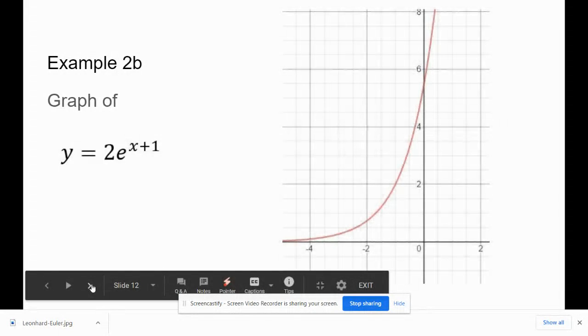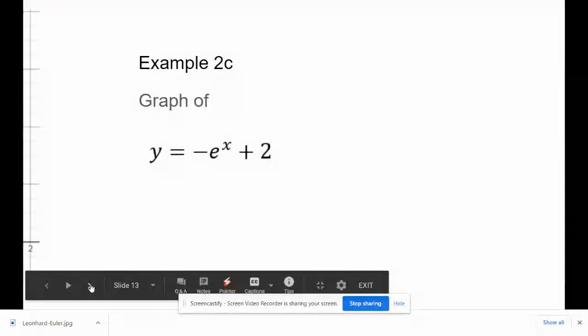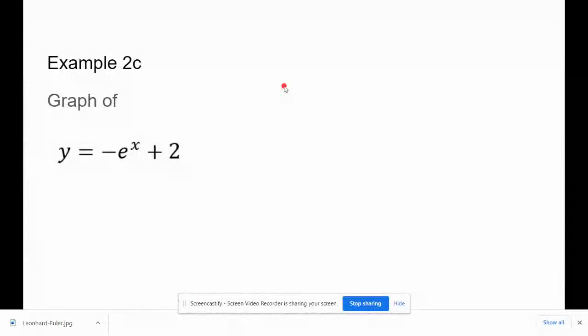Okay, next graph is y equals negative e to the x, plus 2. So think about what is happening there. I think the negative sign in front of the e is going to reflect it down across the x-axis.